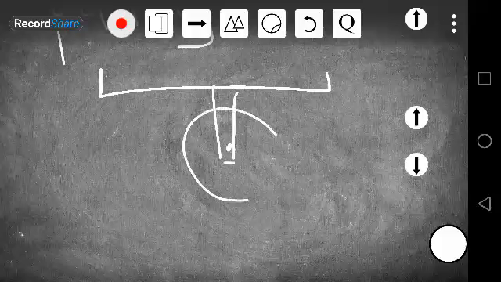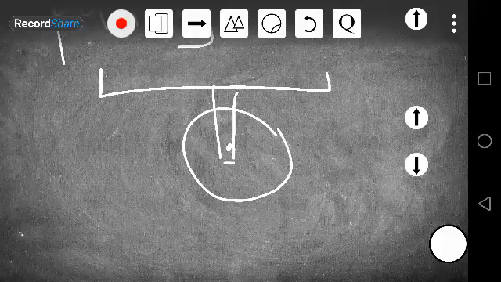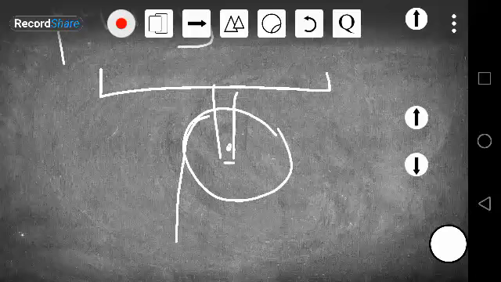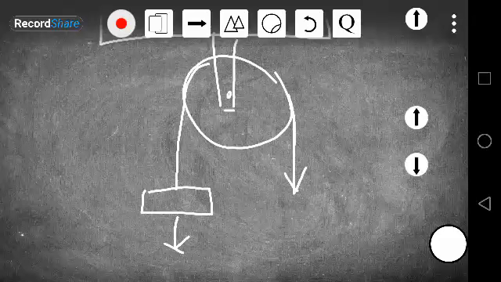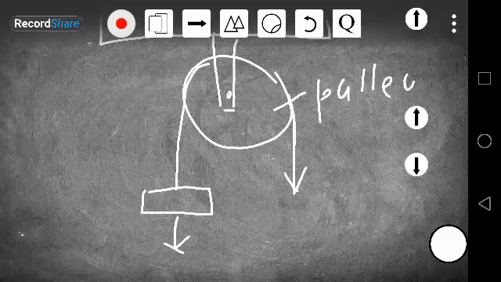So this is the pulley, and this is the string.